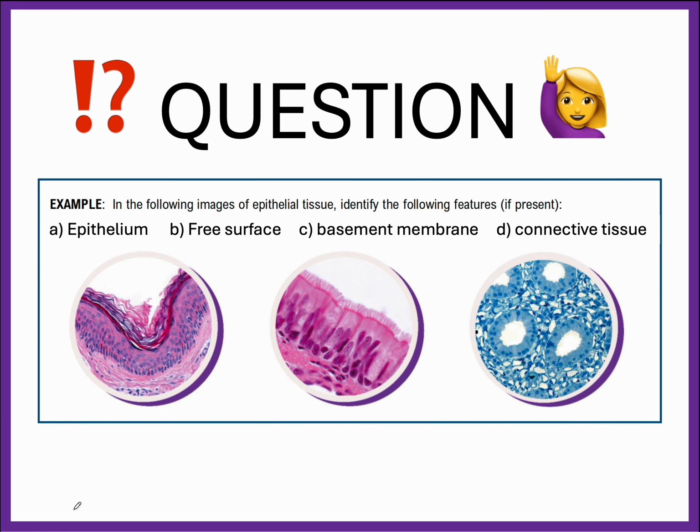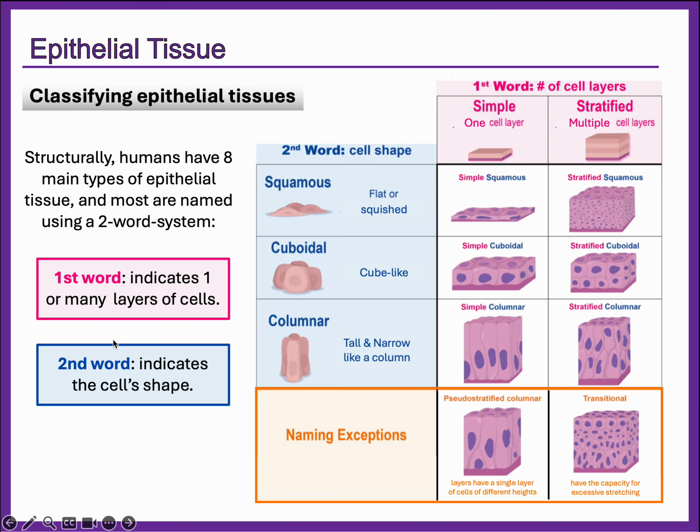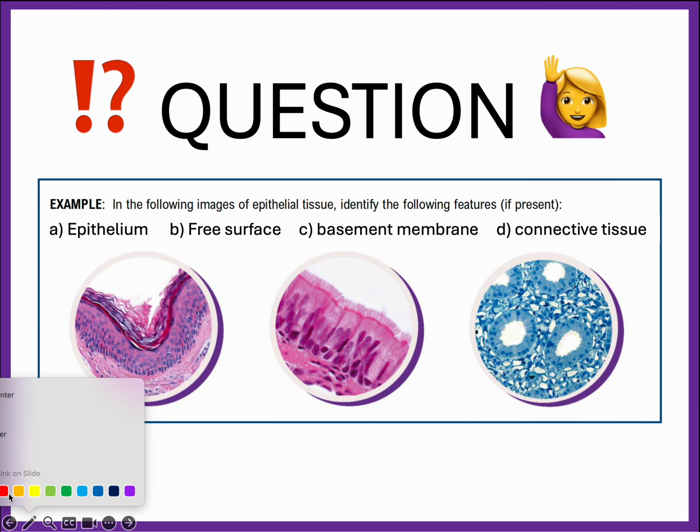All right, so first things first, I'm going to start with the epithelium, okay? For the epithelium, we're looking for some kind of place where there are tightly packed cells, right?